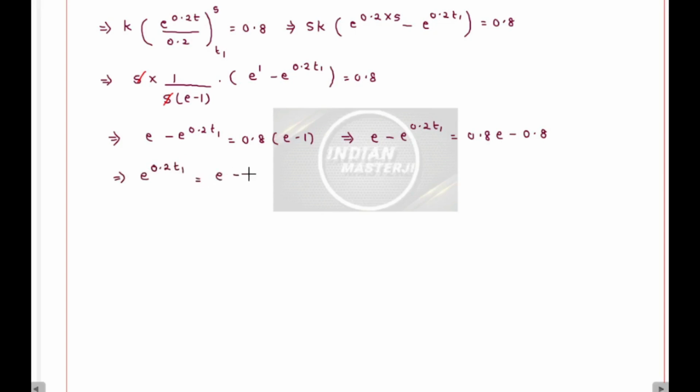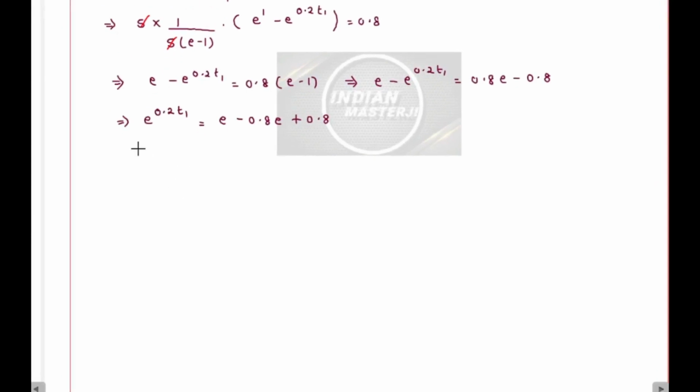I get e minus 0.8e plus 0.8 is equal to e raised to 0.2 t1, which in turn I can write as e raised to 0.2 t1 is equal to, so here what I'll get? I'll get 0.2e plus 0.8.